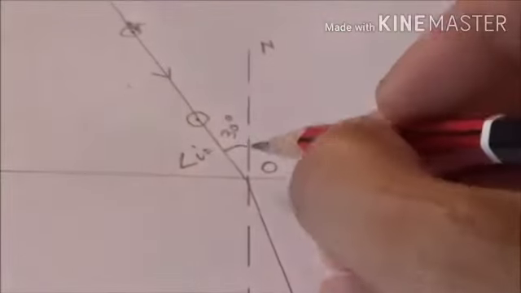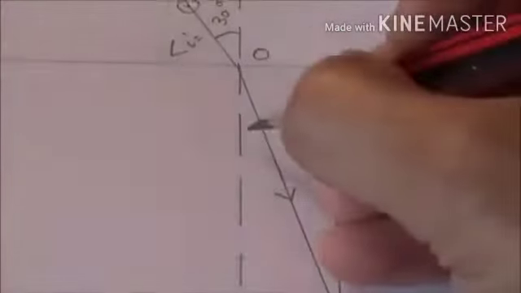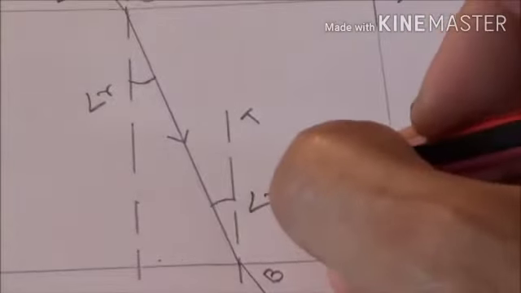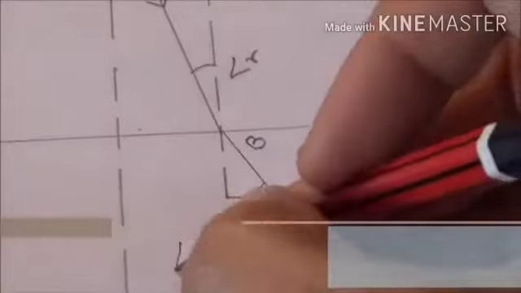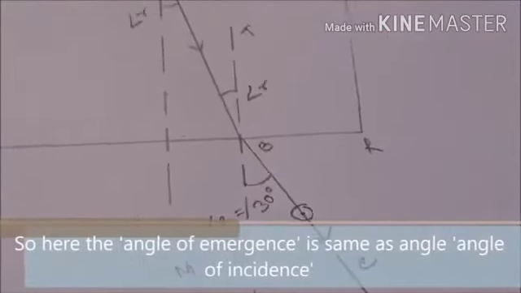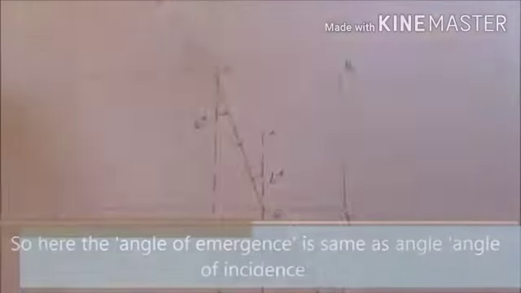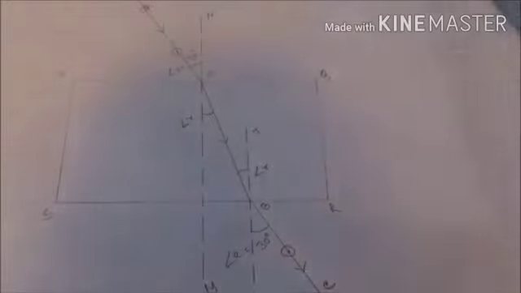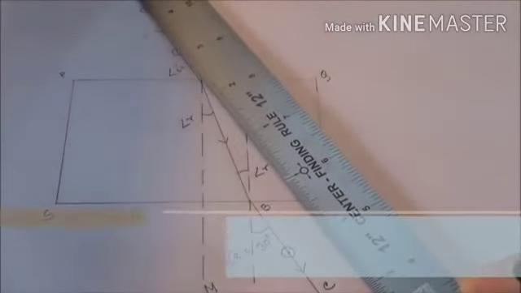In the first one, the angle of incidence is equal to 30 degrees. This is for the angle of refraction. The last one, the angle of emergence, is also equal to 30 degrees. The emergent ray means the ray which is coming out of the glass slab.